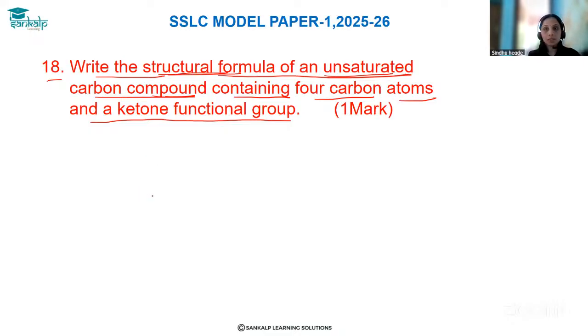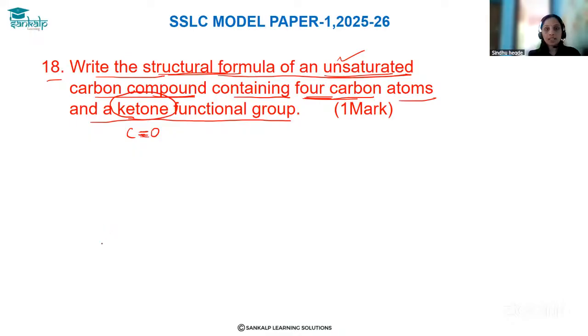Unsaturated means the carbon chain has double or triple bonds. Here the carbon chain has one or more double or triple bonds, with 4 carbon atoms and a ketone functional group. Ketone is C double bond O.